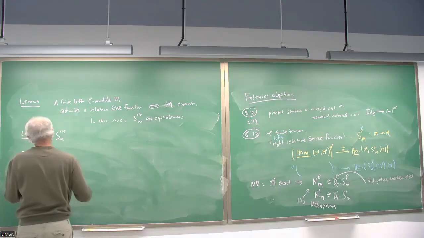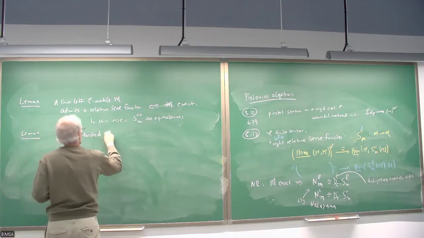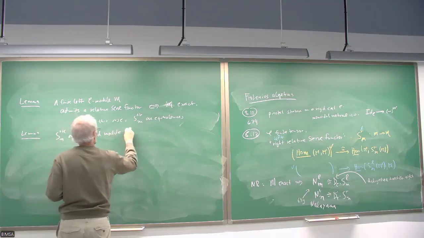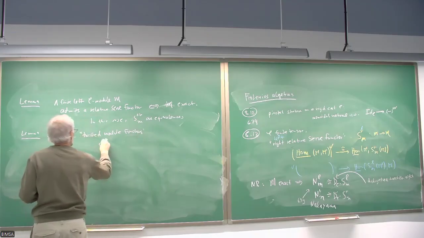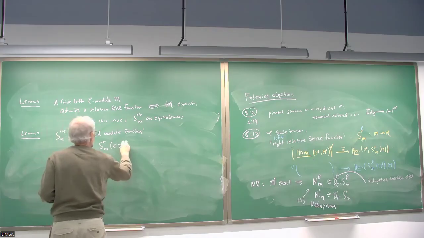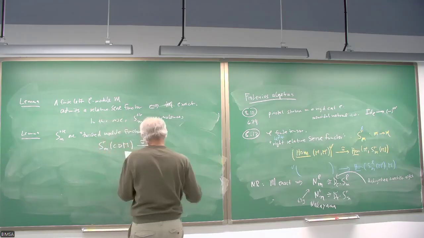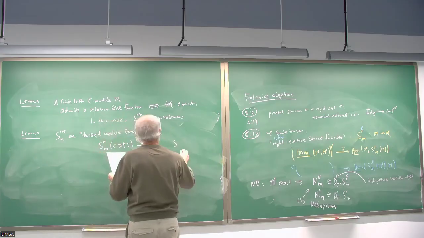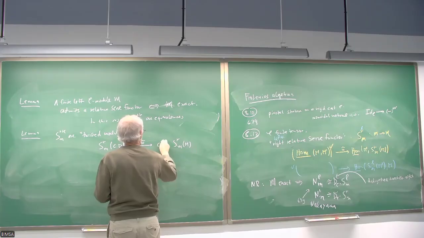Also interesting to know is that these functors are what one calls twisted module functors. So they are not module functors, but almost. Namely, S^R_M, if I apply this to C acting on M, I get an object which is not C acting on S^R_M of M, but instead C double dual acting.